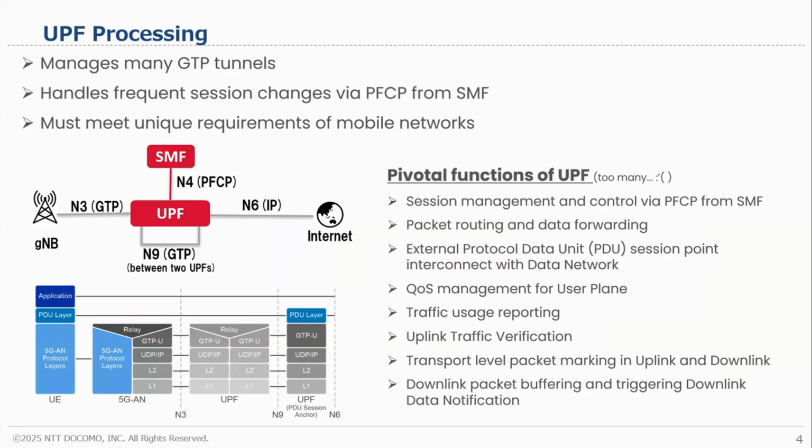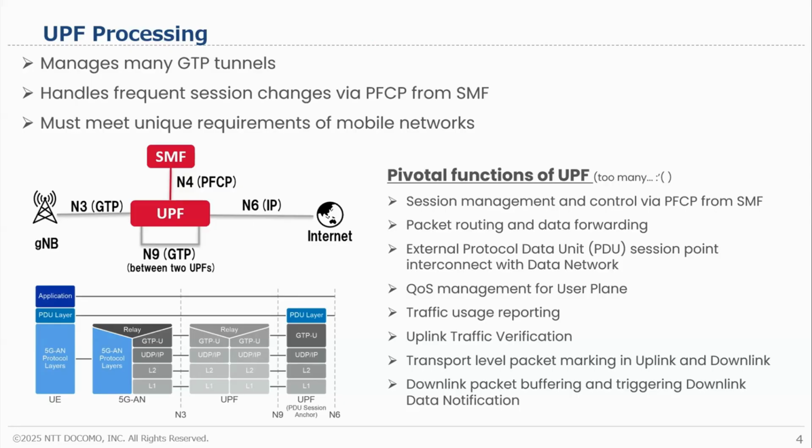For downlink, which comes from the internet to the user equipment, UPF receives the IP packet from the internet, encapsulates it with GTP and sends it to the G-Node B. On the other hand, UPF receives a GTP packet from the G-Node B, decapsulates it, and sends it to the internet.